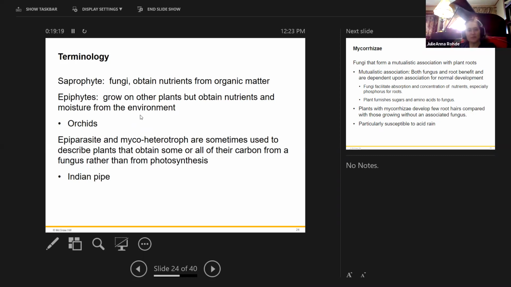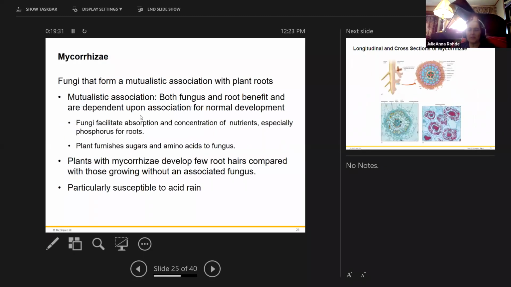So it's really odd situations here going on. But Indian pipe is an example of that one. And I probably ought to go get a picture of an Indian pipe at some point. It's kind of an interesting looking plant. I'm not that familiar with it, but I have seen pictures of it. It's one of those common examples.